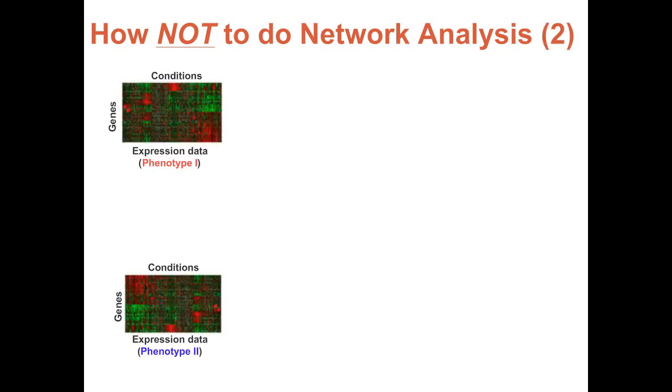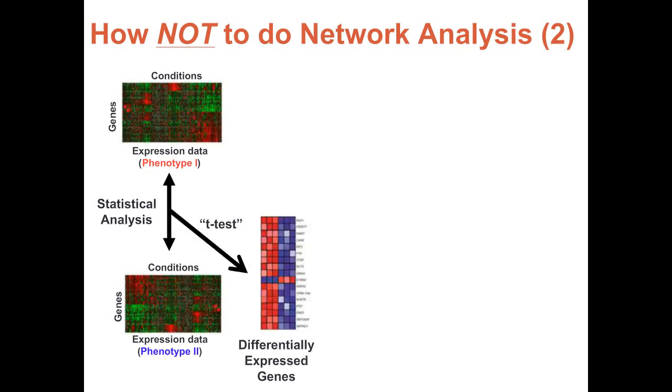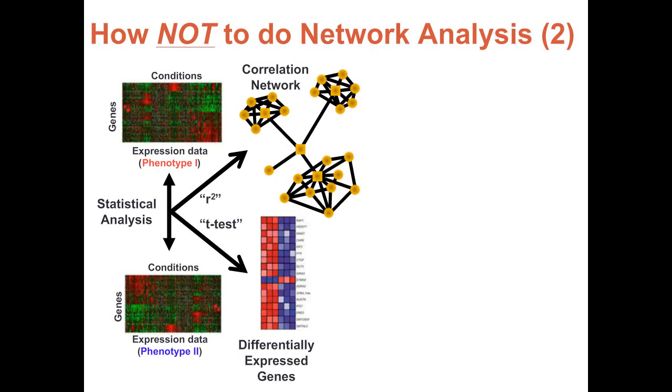Another common approach that we don't recommend is where you do the same statistical analysis. For example, you might use DE-seq or EDGE-R or a t-test to find the differentially expressed genes. And you'll also subsequently, using all the data, estimate correlation networks.